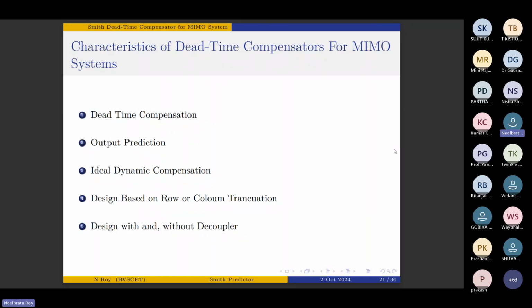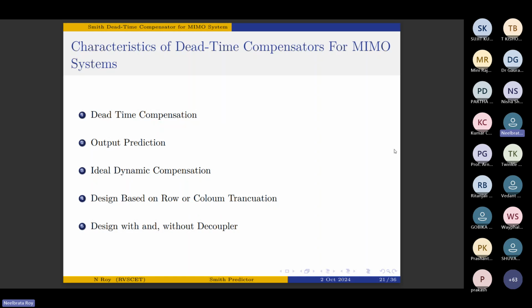The fifth method is to design a dead time compensator for MIMO systems with and without a decoupler. Generally, in multi-input, multi-output systems, the inputs and outputs are coupled. This makes the dynamics of the system very complicated.